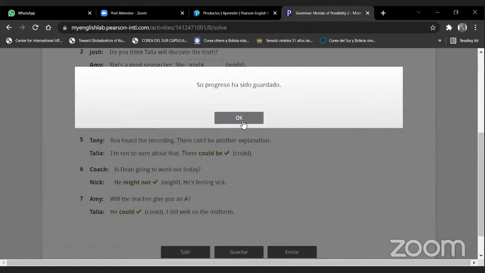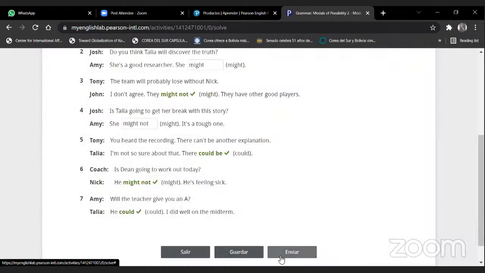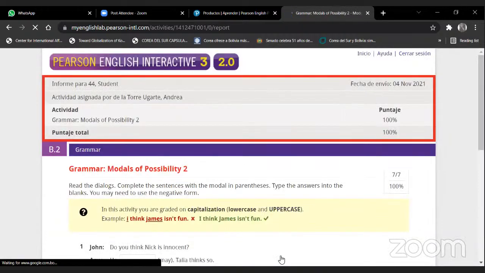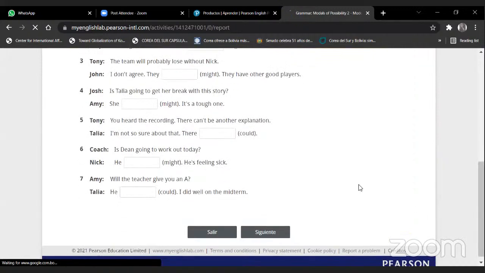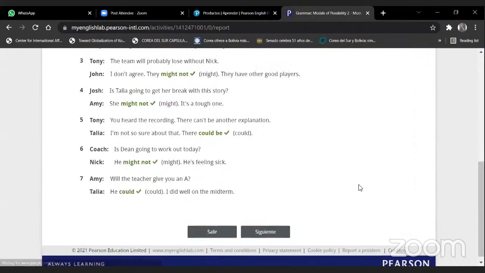Great. Perfect. Now it's okay. Everything is okay. Great, Gabby. So, well, after this, tomorrow we are gonna finish with the next grammar, okay? That is the reflexive pronouns.